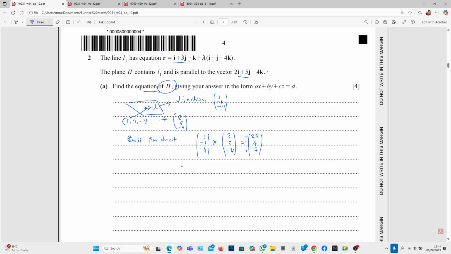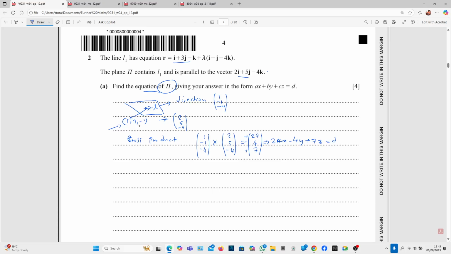The next thing we're going to do is substitute the point, the coordinate we talked about earlier, into this equation. So this equation turns out to be 24x - 4y + 7z, which is going to be equal to d.